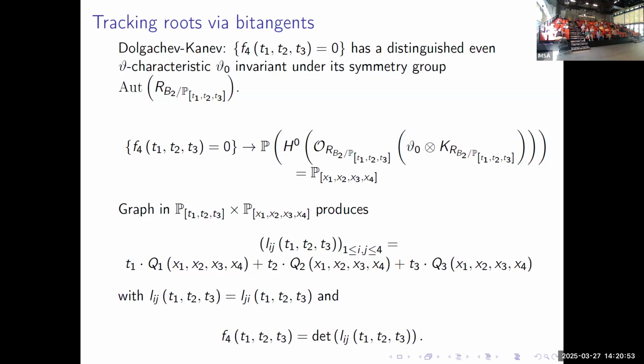Those two are birationally equivalent. So it's in that sense that I mean there's a distinguished one. It's distinguished, but you don't really know which one you pick. Distinguish between different quartics. That's right.